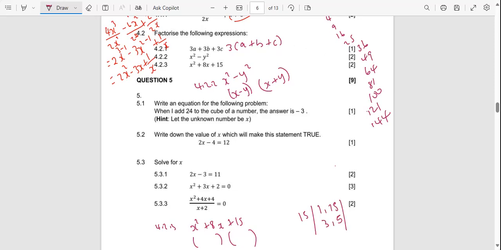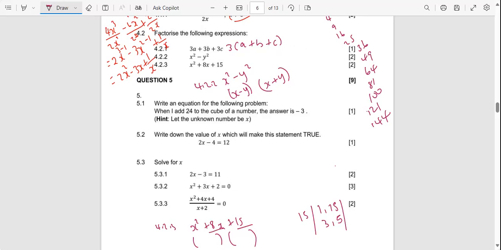Here, guys, I've listed them in groups so that you can understand. These two numbers, when we add them, must give me 8, and when we multiply them, they must give me positive 15.